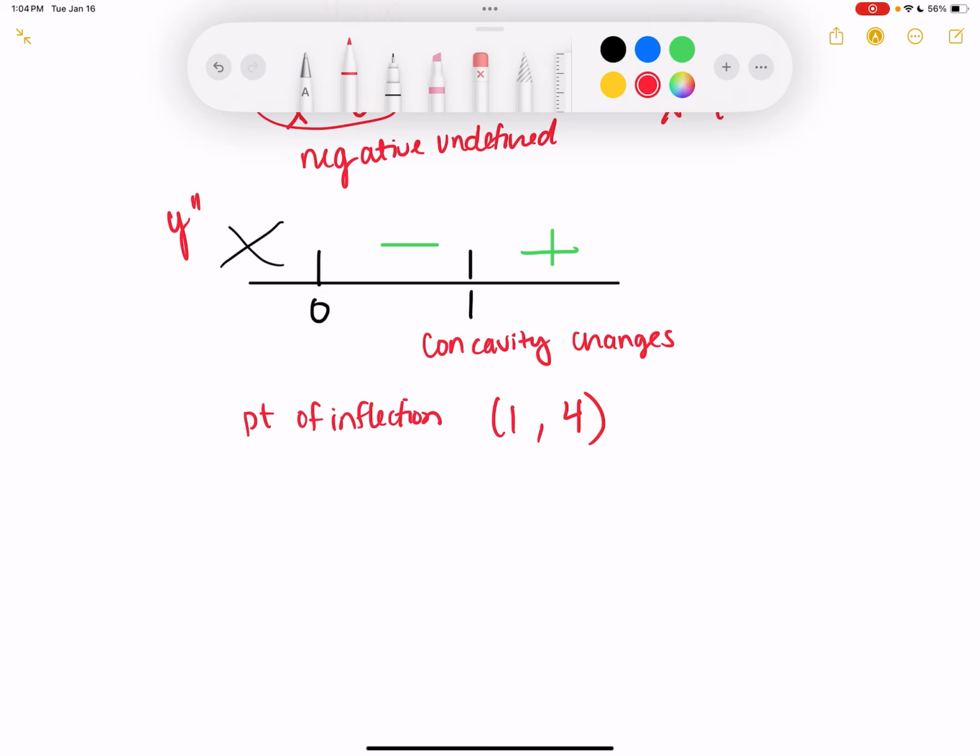In exercises 25 through 28, a particle is moving along the x-axis with position function x of t. Find the velocity, acceleration, and describe the motion of the particle for t greater than or equal to 0. Derivative? So we're basically doing the exact same thing we just did. Let me see if they have an example we can actually look at really fast.